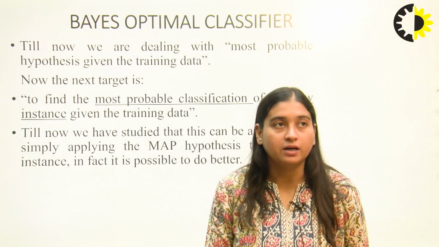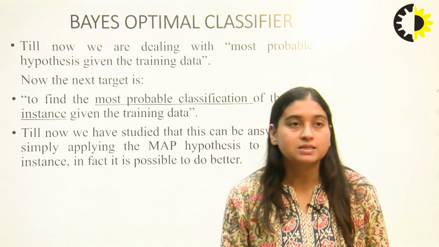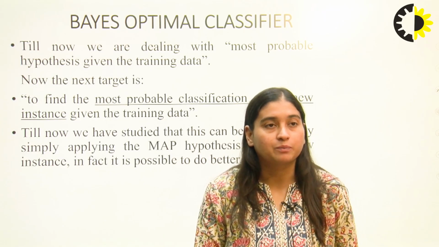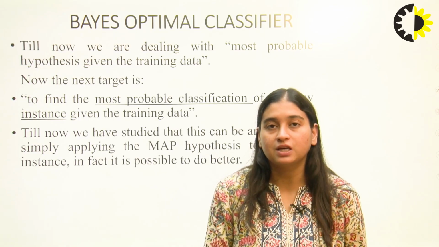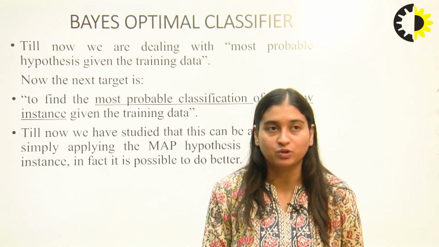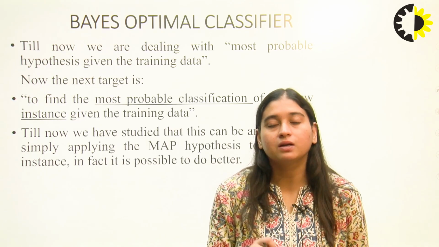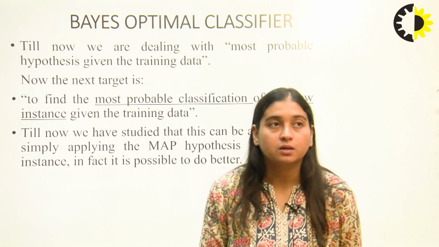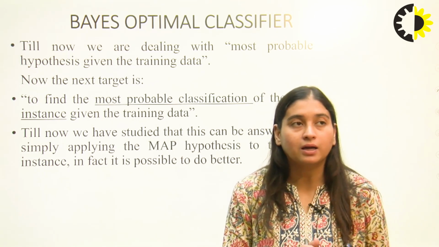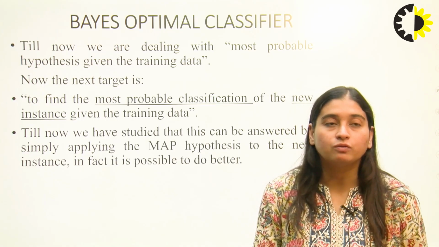Now let's start with the Bayes optimal classifier. Till now we have been focusing on identifying the most probable hypothesis given the training data. We are given training data and we are interested in finding the most probable hypothesis. But now our target shifts to finding the most probable classification of a new instance.